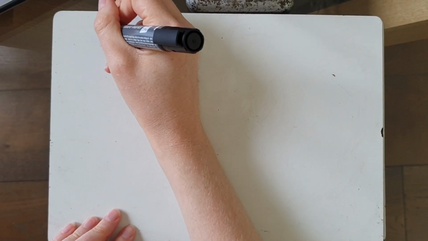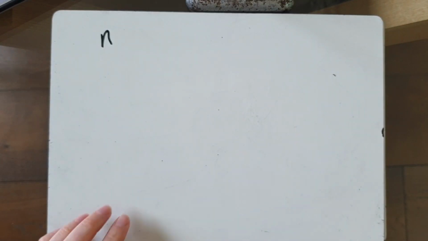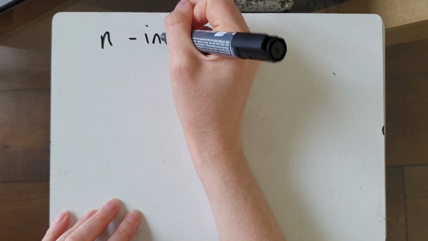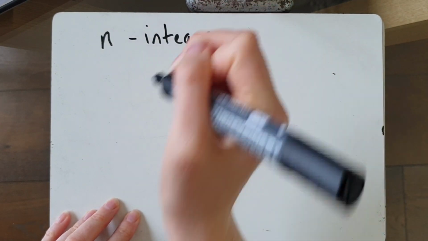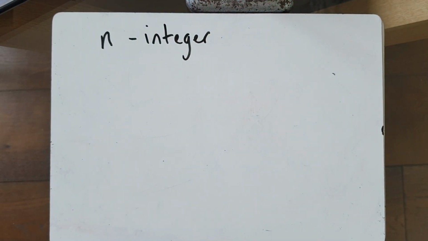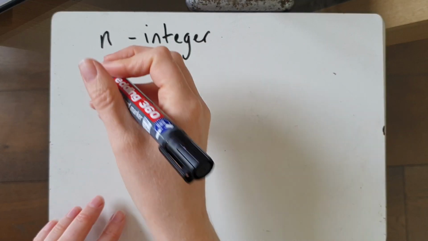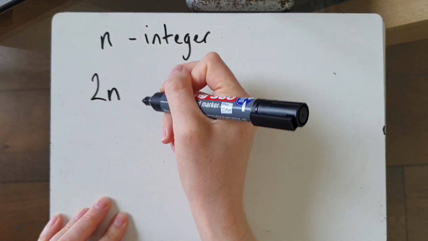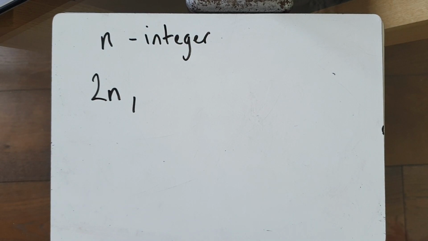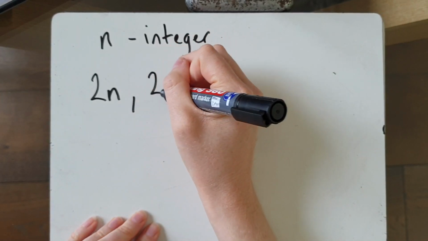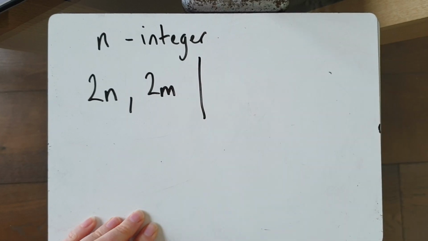If a question talks about an integer and it doesn't say whether it's positive or negative, you're just going to use n. If a question talks about an even number, you're going to use 2n. And if it talks about two even numbers, if they're just two even numbers and they're not related in any way, you're going to use 2n and 2m.